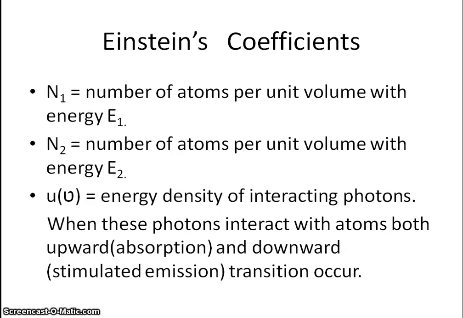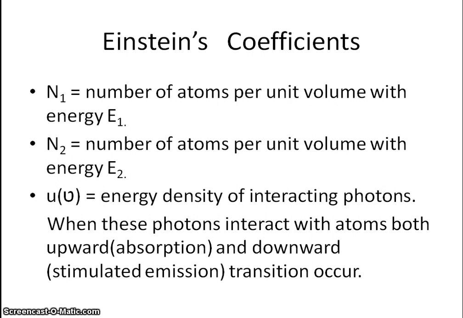Now to derive this, let us assume N1 is the number of atoms per unit volume with energy E1 and N2 the number of atoms per unit volume with energy E2, and U nu is the energy density of interacting photons. That is, when we give external energy in the form of photons, they will go and interact with the atoms which are in the ground state.